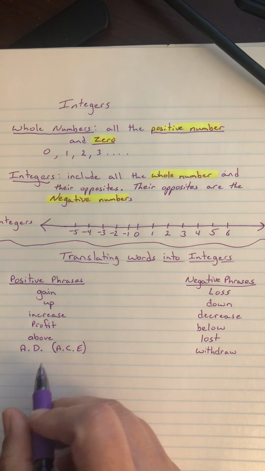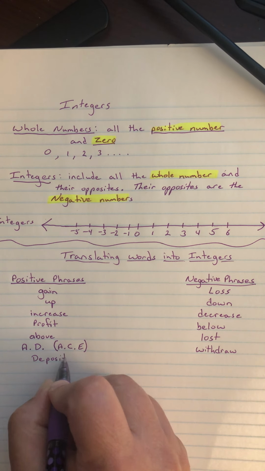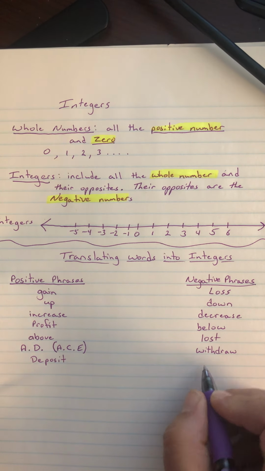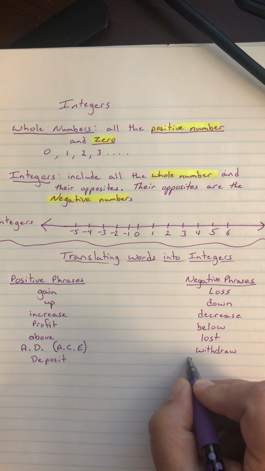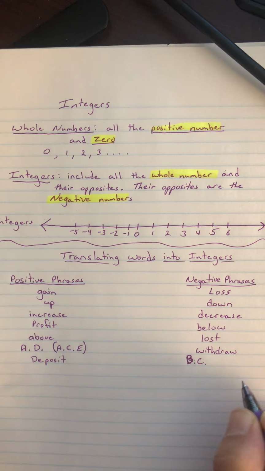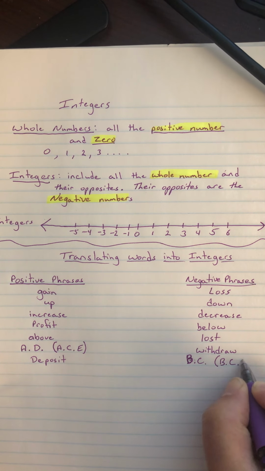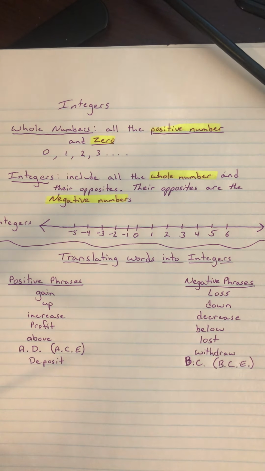That brings one over here. I forgot it was deposit. And finally, if we're talking about years again, BC or BCE for before Common Era. Those are all words that can very easily help you know when they're describing a value, if it's going to be a positive or a negative number.